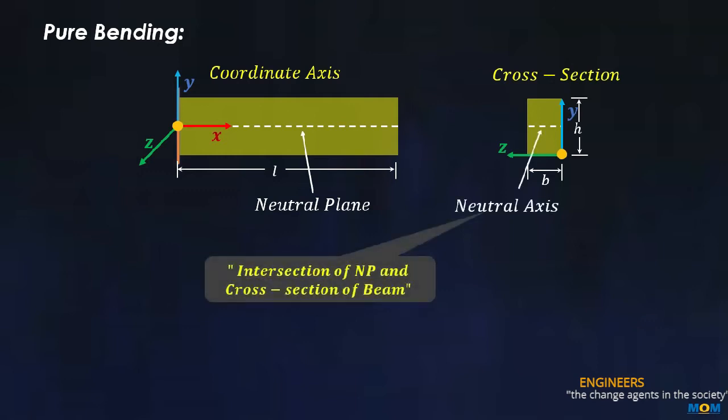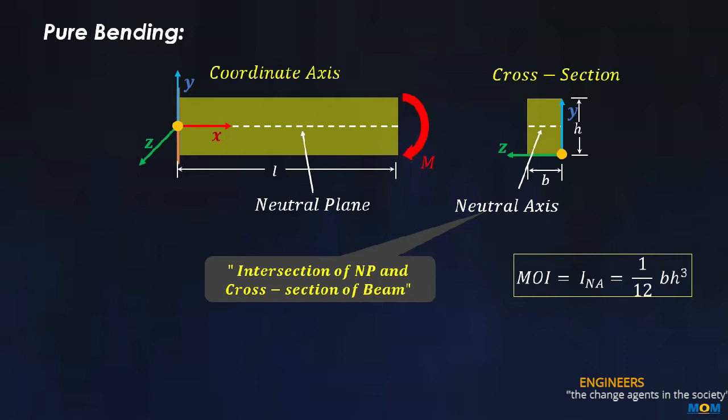Since here the bending is about the z-axis, the moment of inertia would be about the neutral axis, whereas the neutral axis is the intersection of the neutral plane and the cross section of the beam. The expression of the moment of inertia about the neutral axis is 1 upon 12 b h raised to the power 3, where b is the width of the beam and h is the height of the beam.